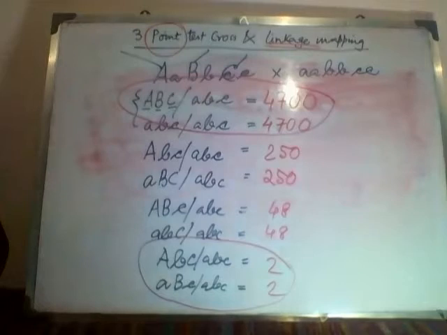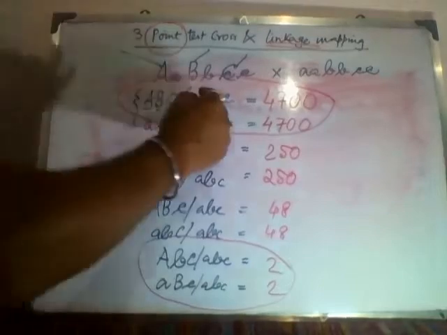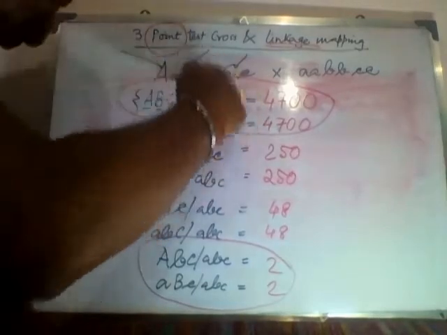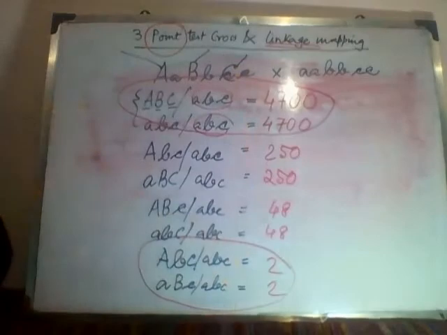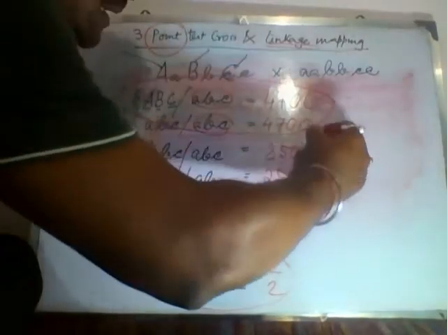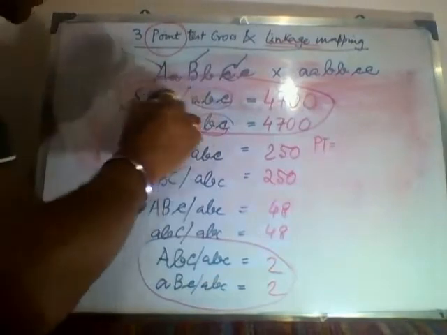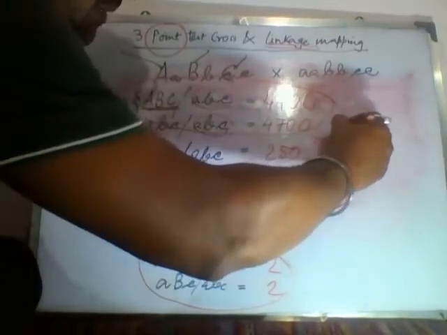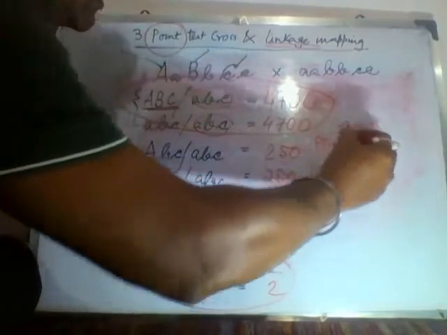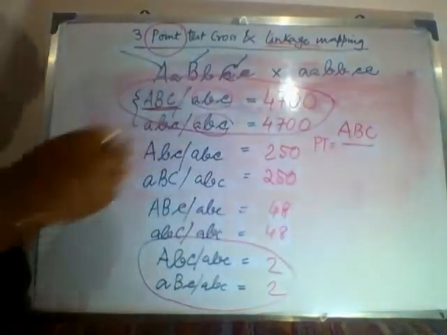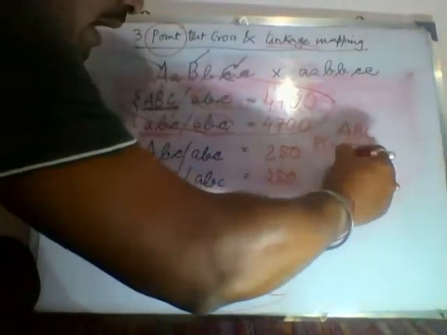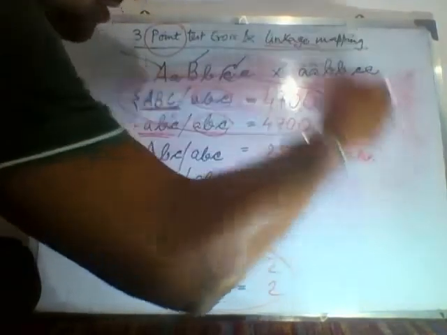Now, to do the math in a very perfect manner, forget about this side, because this side is common, small abc, to all. So you write the parental type as, first write this genotype, capital A, capital B, capital C, put a dash, and below write the second one, right?